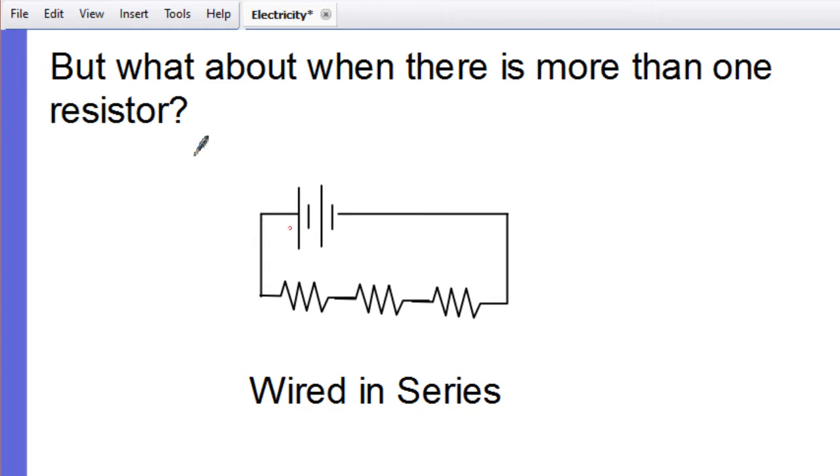This is important because let's trace what happens to the current. It comes out, it goes down, and all of it goes through each resistor. There's nowhere else for it to go. So all of the current that comes out goes through each resistor in turn.